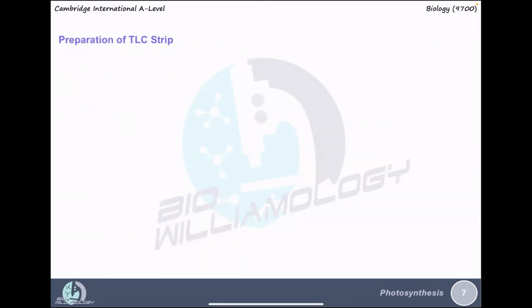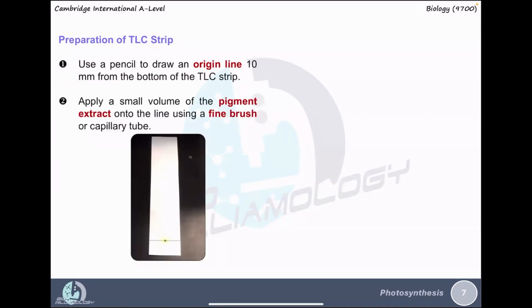The next part, we need to prepare the TLC strip. Very simple, we use a pencil to draw an origin line about 10 millimeters from the bottom of the TLC strip. From the diagram here, you can see that the pencil line indicates the origin line.